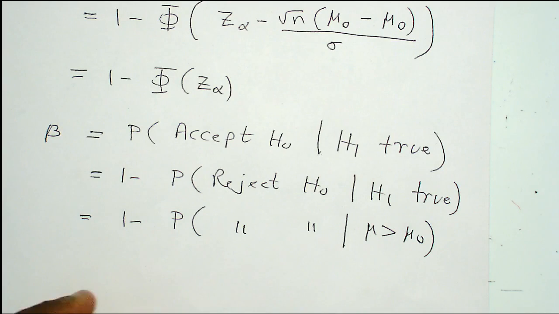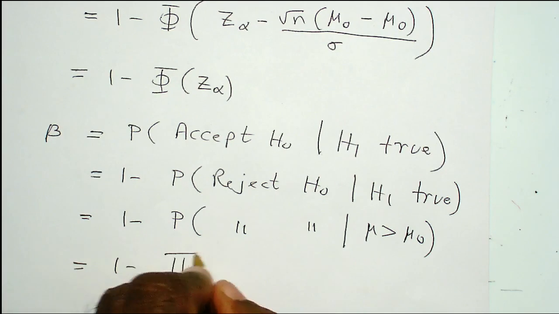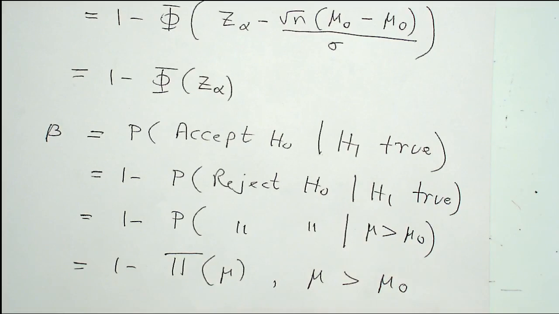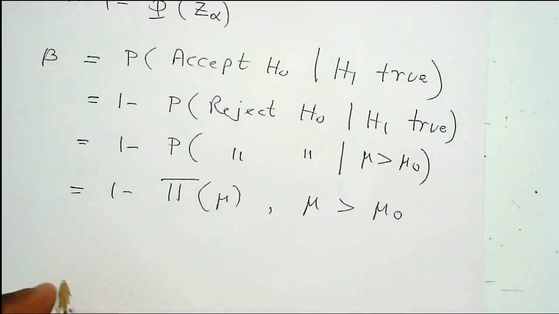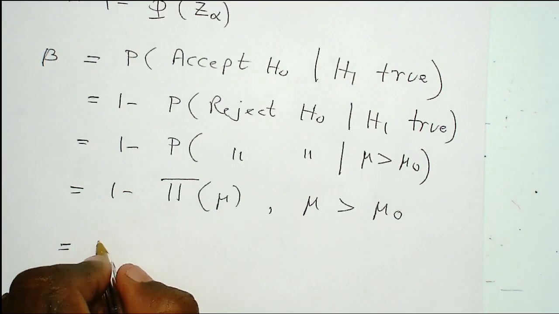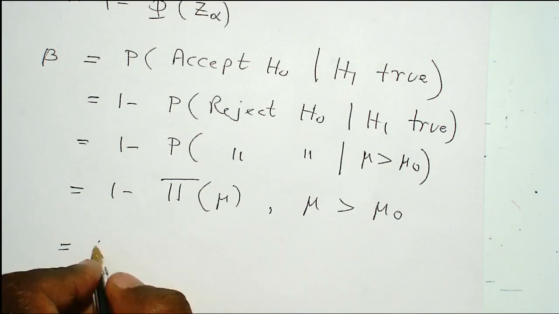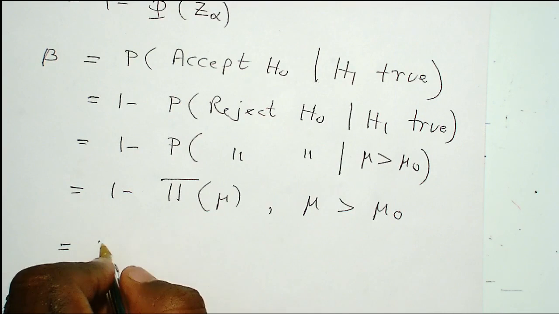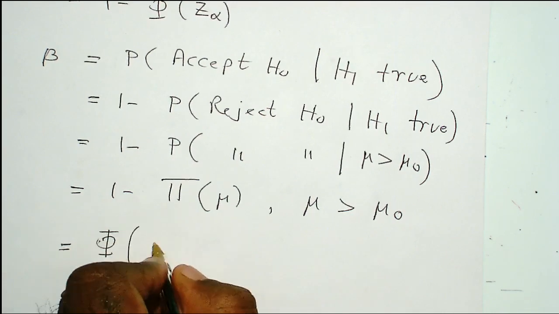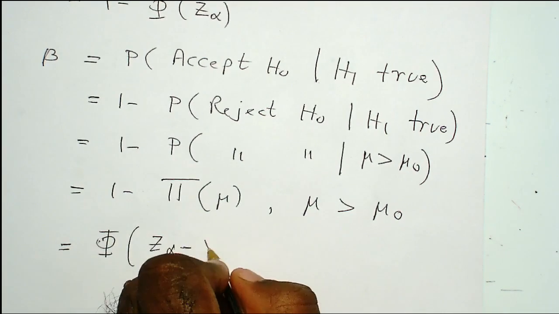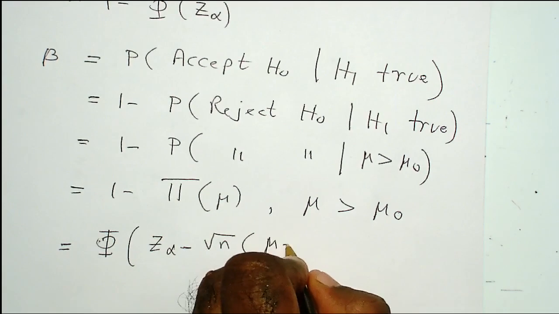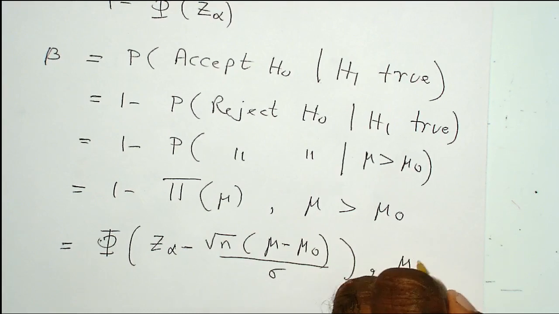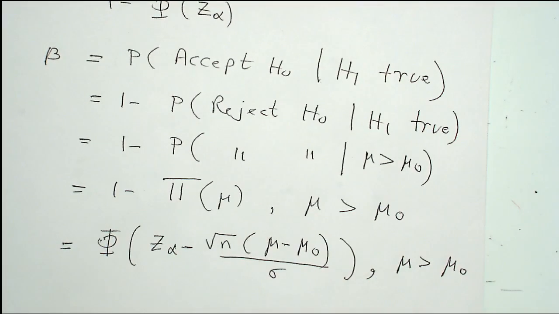So this is 1 minus pi at mu for mu greater than mu 0. This is simply 1 minus this, so it becomes phi of Z alpha minus root n, for mu greater than mu 0.